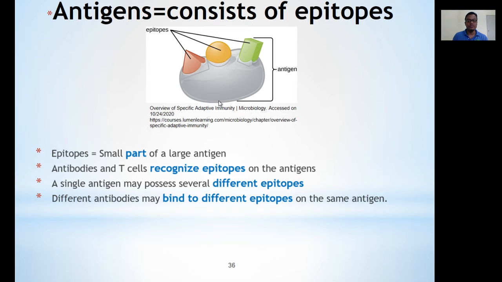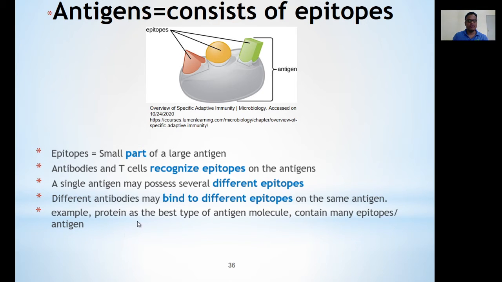As we can observe here, one antigen has 3 different types of epitopes, so the body can produce 3 different types of antibodies just to bind to each epitope on the same antigen. For example, protein as the best type of antigen molecule contains many epitopes on the surface, because protein is a very large molecule.